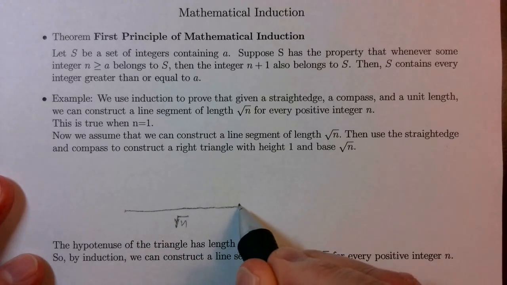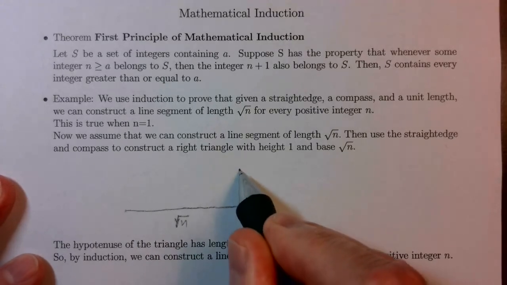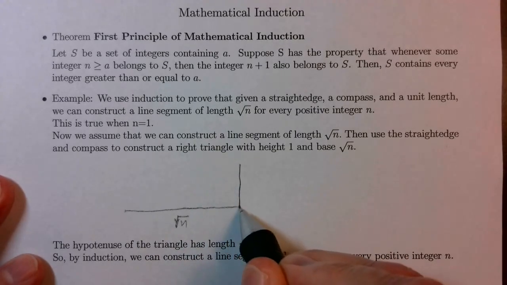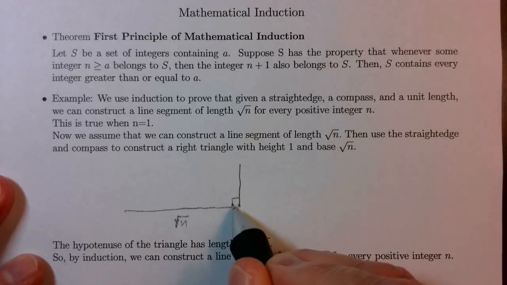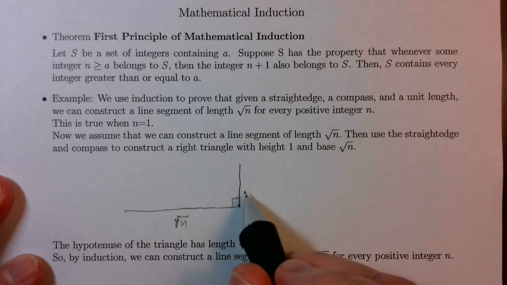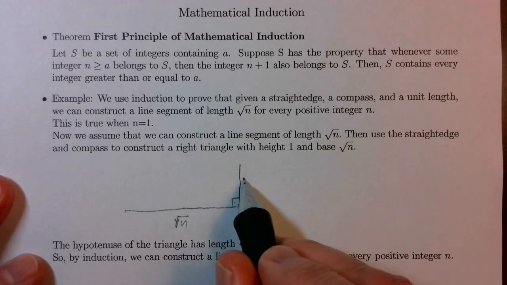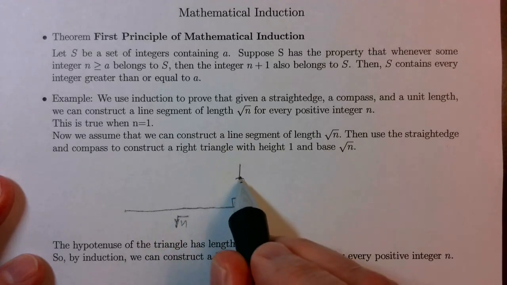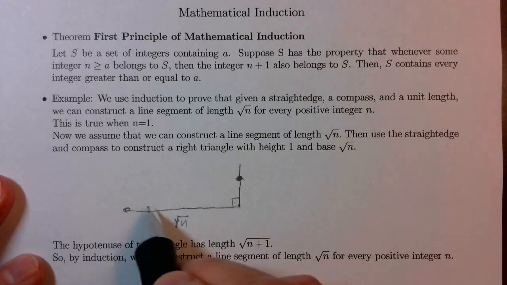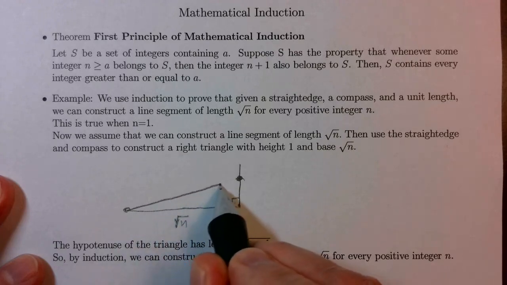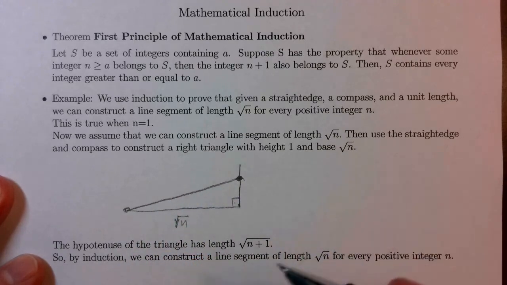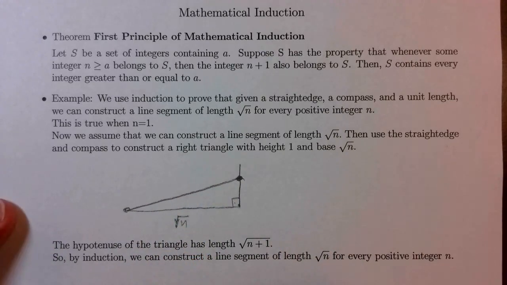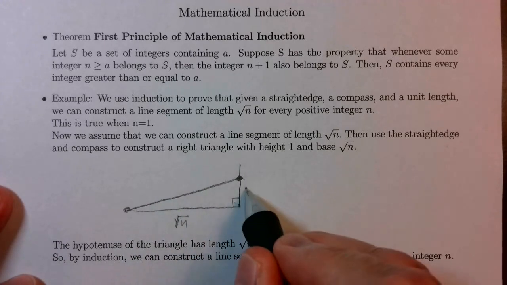With straight edge and compass we can construct a perpendicular line at this point and then take the unit length here to get this point. Now these 2 points determine a line segment of length.